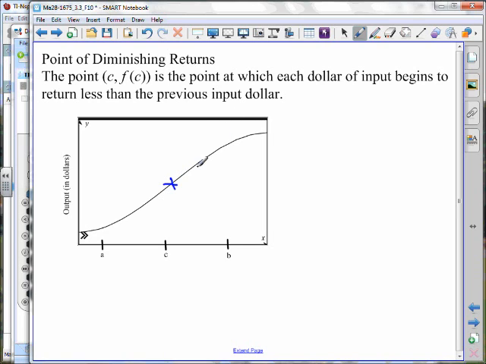Is that what you're saying? Well, if you add more workers onto one task, like the input of the workers, it's kind of like a competition of space, so they do less work per worker. So your input would be the number of workers, and your output would be what? Product output?